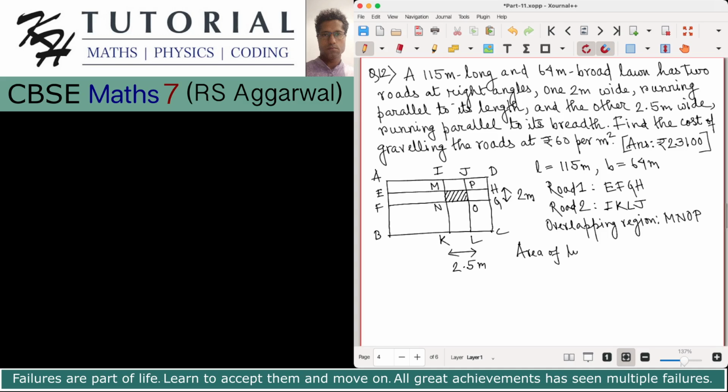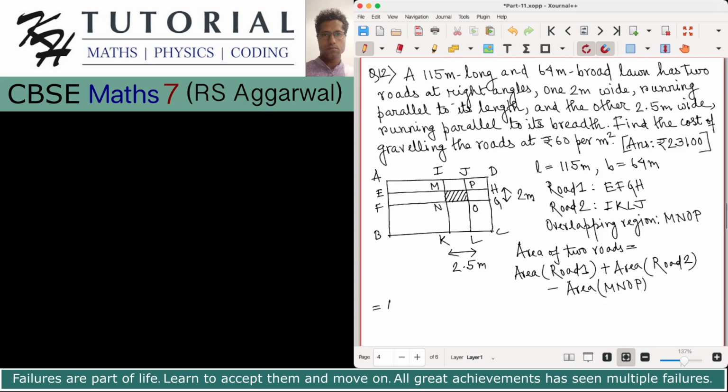Okay, so now area of two roads will be equal to area of road 1 plus area of road 2 minus area of the overlapping region, that is rectangle MNOP.